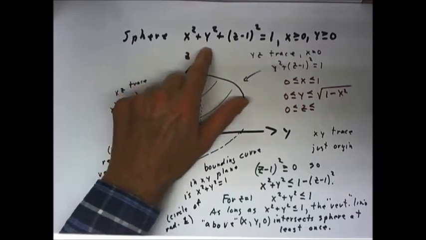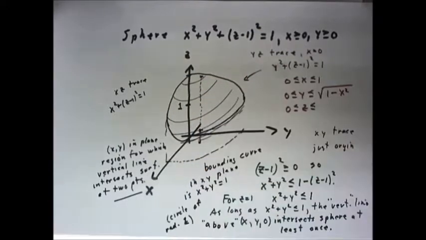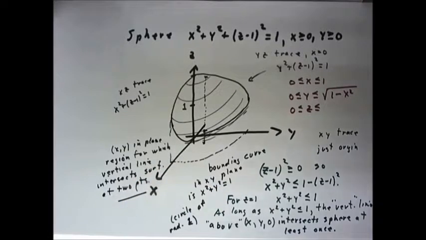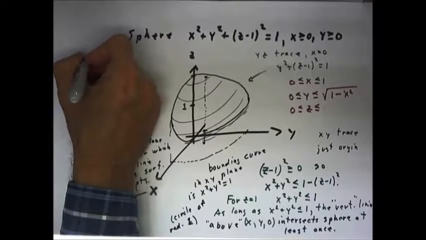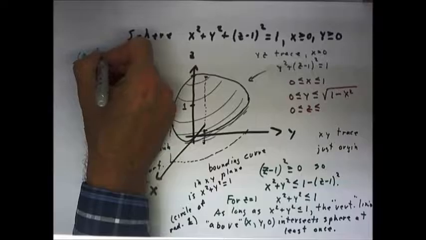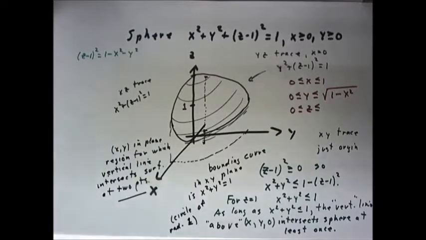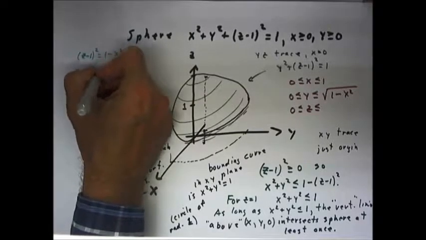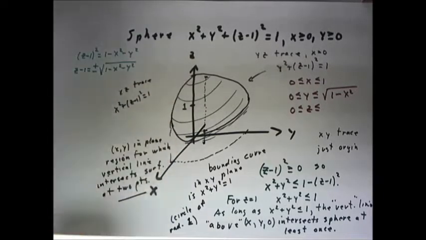Now let's consider this. For a given xy, z minus 1 squared equals 1 minus x squared minus y squared. Now let's just work out the algebra of that very quickly. Okay, so if we have z minus 1 squared equals 1 minus x squared minus y squared, then z minus 1 is plus or minus the square root of 1 minus x squared minus y squared.